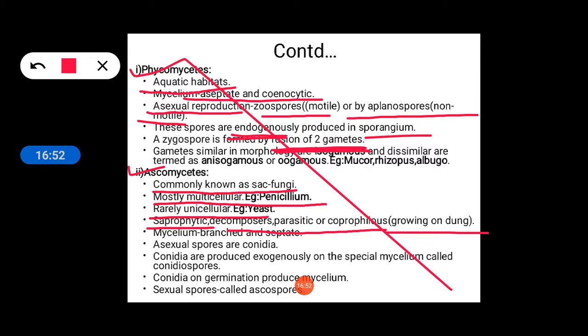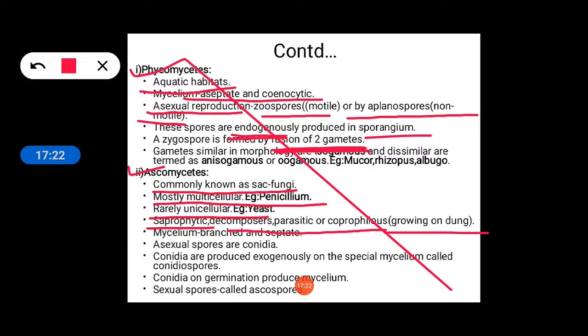Ascomycetes are fungi which are saprophytic, that means they depend on other dead organisms. The next is decomposers. They decompose the dead organic matter. Parasitic, that live on other animals or plants for their survival, for their benefit or for their food.